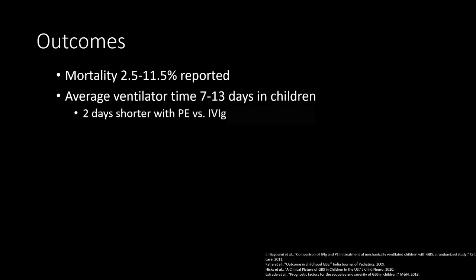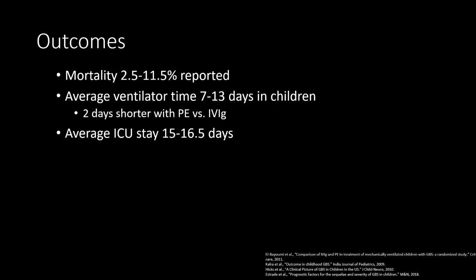I think it's probably really about the same as treating with just IVIG or plasma. So overall outcomes, I've alluded to this before, there is a 2.5 to 11.5% mortality rate. On average, amongst different case series, children and patients who require mechanical ventilation are on the ventilator for 7 to 13 days, and there is some evidence that this time is shortened with plasma exchange versus IVIG, so there may be some reason to do plasma exchange in intubated patients.